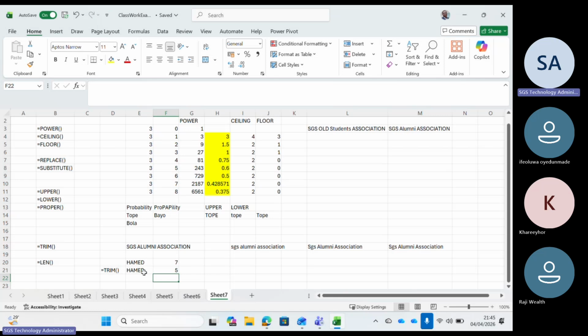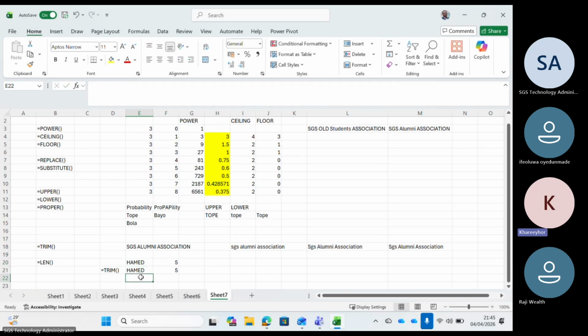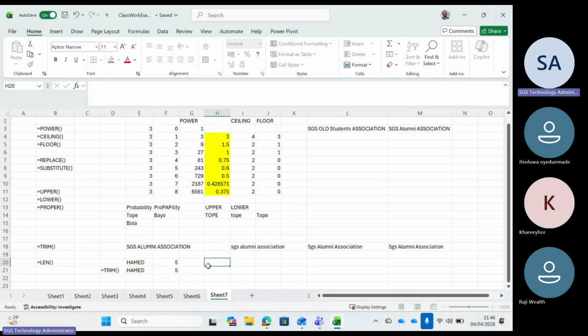What's the difference? Because this one, we mistakenly put two spaces. There is space in the first one and there is no space in the second one. So I remove the space now. The length has returned to 5. But if I put back 3 spaces, it will be counting 8.